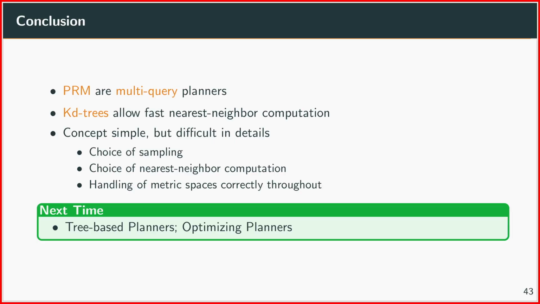And we will also look at optimizing planners. That is basically planners which guarantee that they will not only find a solution, but they will find you the globally optimal solution to a problem, so they will find you the best motion which is possible under an optimization objective.